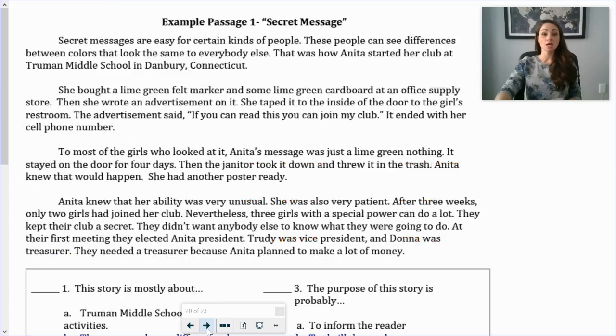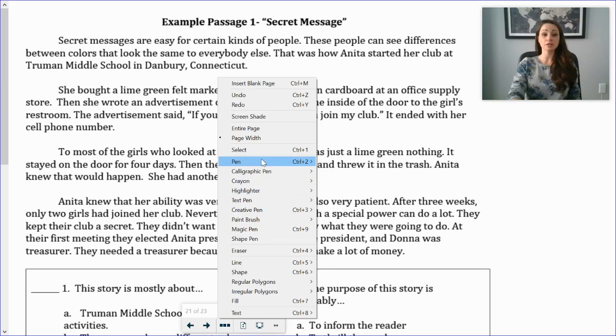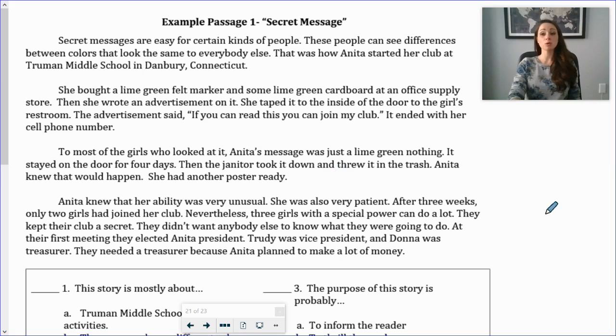Okay. So you have this example passage in your Google Drive. Feel free to follow along with me on the screen, or if you prefer to pull it up in your Google Drive, that's completely up to you. I'm going to show you how I apply the inference strategy to this passage. And remember, we're identifying both factual and big picture questions.